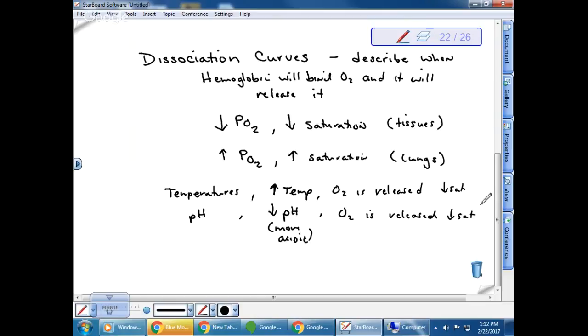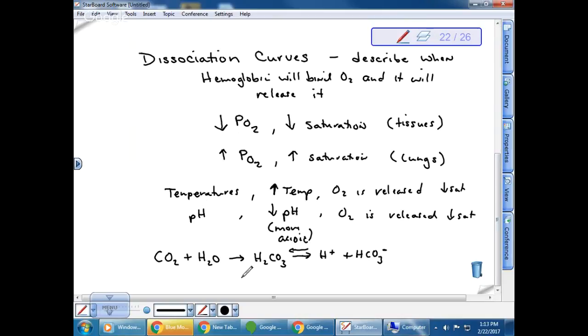Okay. Now this pH is actually due to the presence of carbon dioxide, because you remember when we talked about ocean acidification, when carbon dioxide mixes with water, it produces carbonic acid, right, which then releases hydrogen ions and bicarbonate ions. So this also has to do with the partial pressure of CO2. So if you have more CO2 in metabolically active tissue, that's going to decrease the pH.